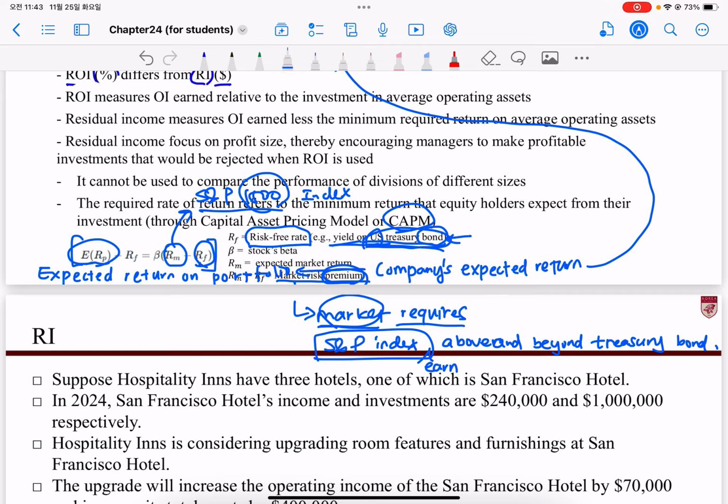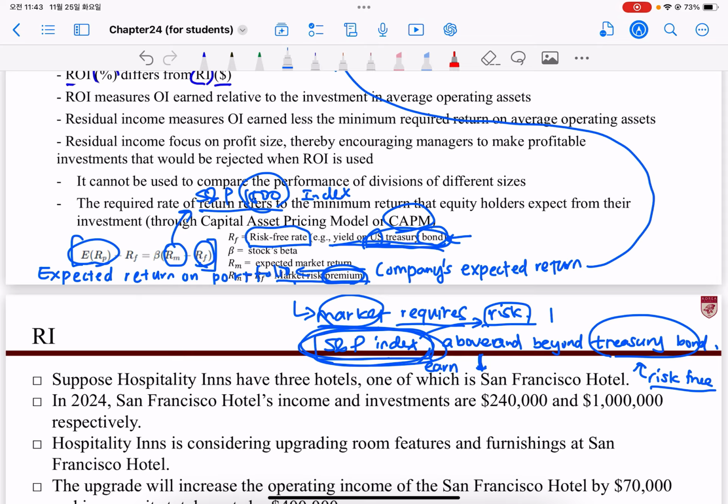Why does the market require a higher return than the treasury bond? Because it's all about risk. Treasury bond is almost risk free. There's no risk. But even for big companies, they can still have risk, right? They can still go into default. They can go downturn really quickly if they are facing a financial crisis, right?